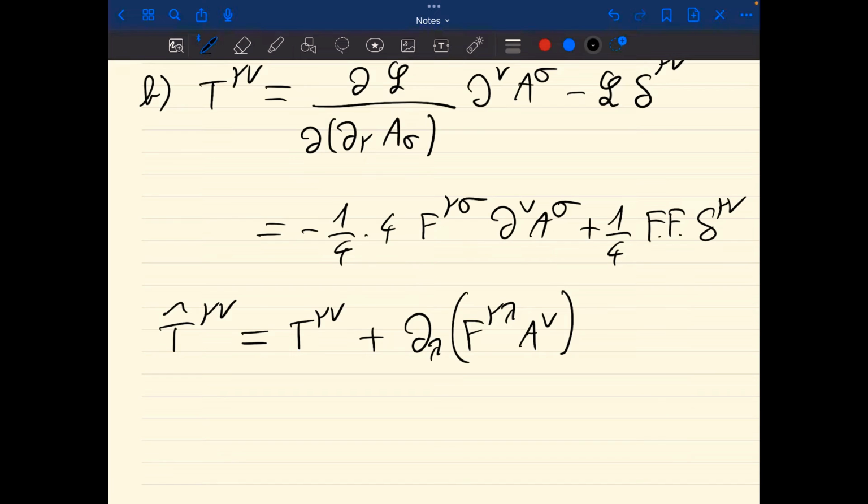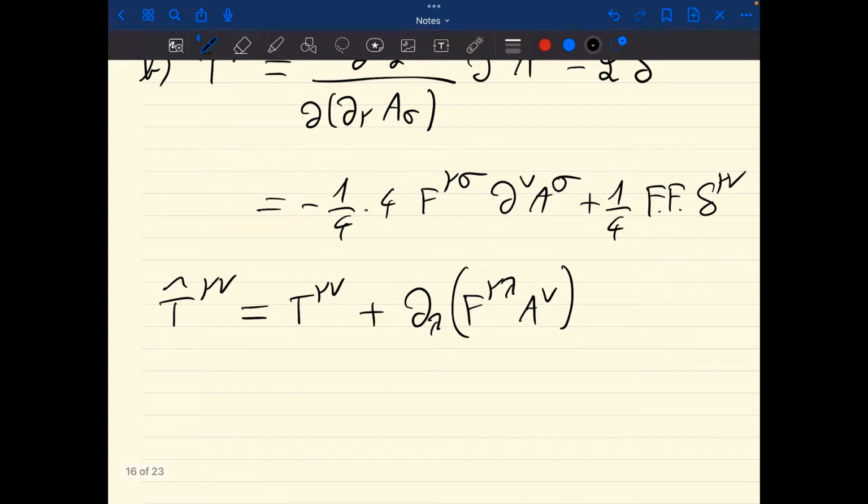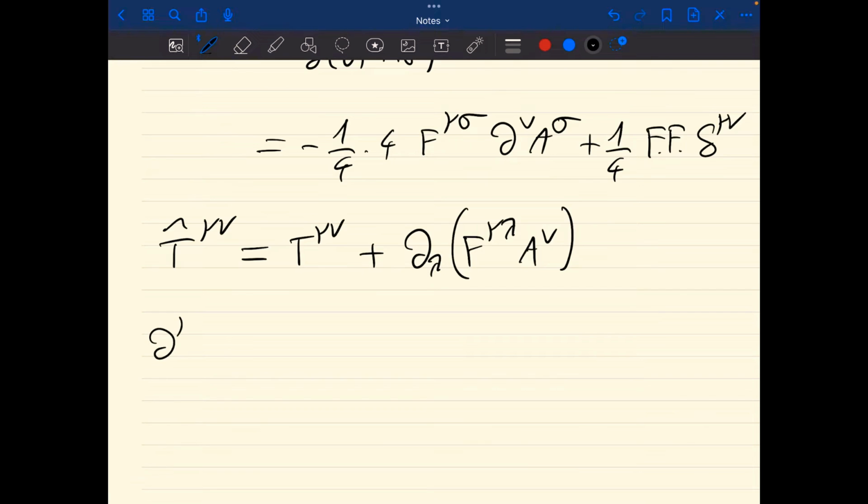So the first thing that we might check is whether this term that we add does not pose a problem for the conservation of the various charges. In particular, we should check whether the derivative of T hat mu nu is still 0, assuming that the one of T is. So we want to check whether this term indeed vanishes when we compute the derivative. It does. You can compute that quite easily.